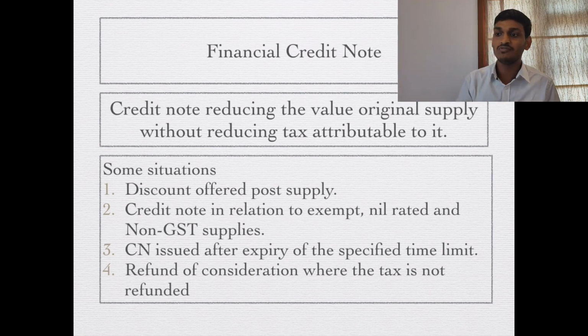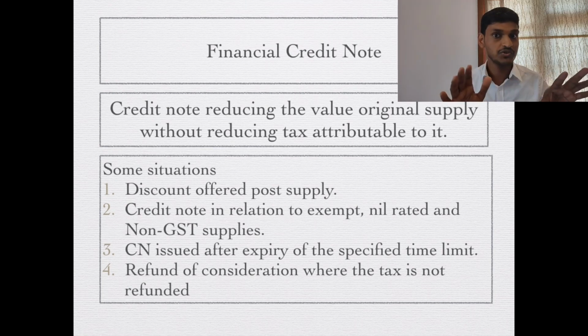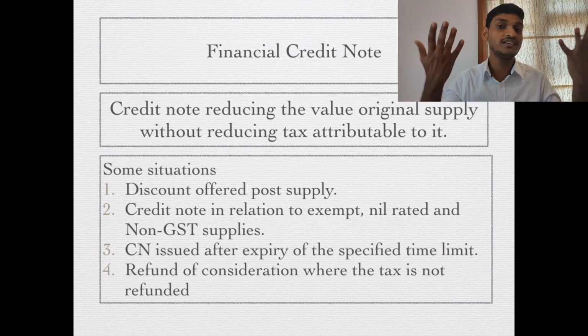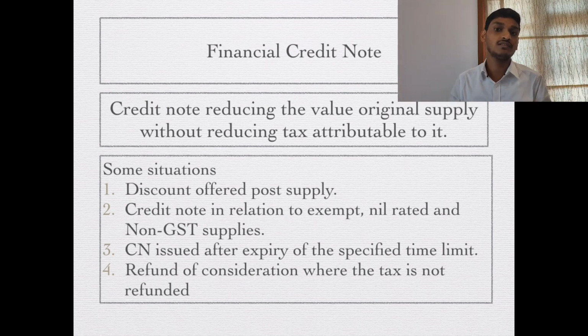Okay, then the second one is credit note in relation to exempt, nil rated and non GST supplies. The third case is after the expiry of the specific time limit. After the month of September, a credit note cannot be issued with tax effect. They can issue a financial credit note that has no effect on the tax amount.